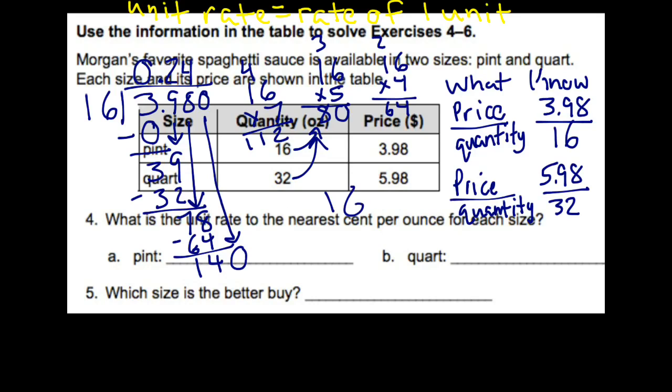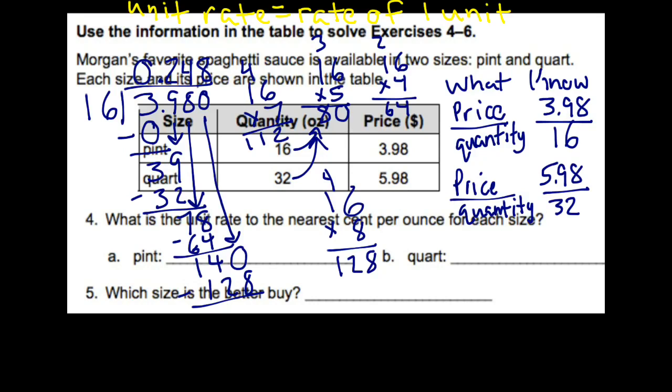16 goes into 140. Let's try 8 times. 6 times 8 is 48. 8 times 1 is 8, plus 4 is 12. That's 128. So I put 8 here. 140 minus 128. Now when I look at this, I see above the decimal 248 thousandths. When I divide to the nearest cent, I only need to go to the hundredths place.